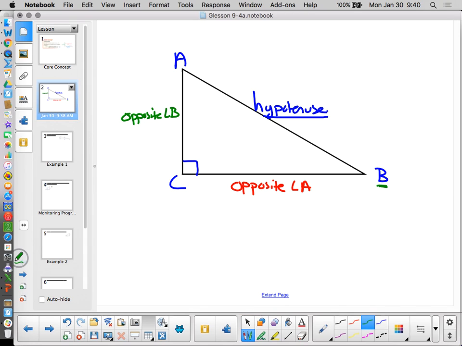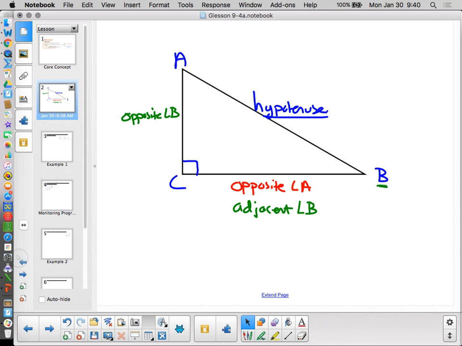If it's not the opposite side and it's not the hypotenuse, then it's the adjacent side. So this is the side adjacent for angle B, and this side would be considered adjacent for angle A.